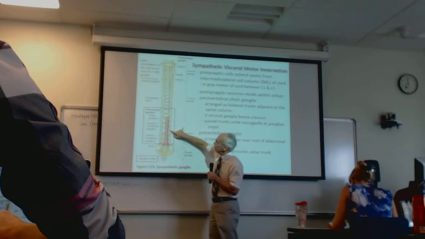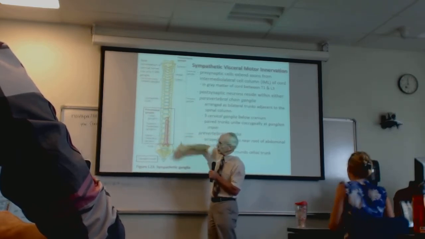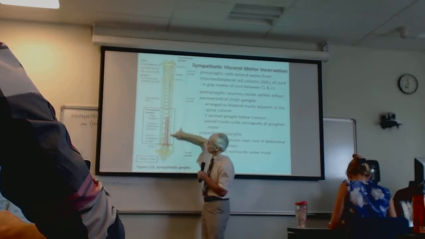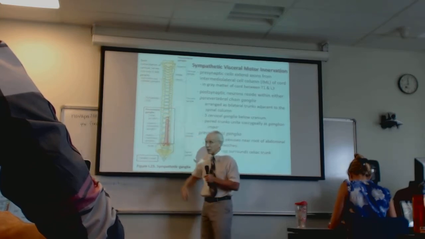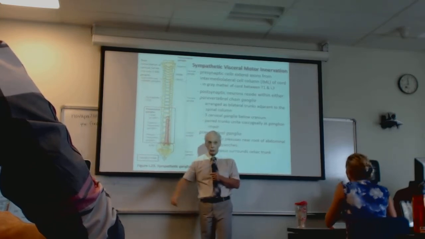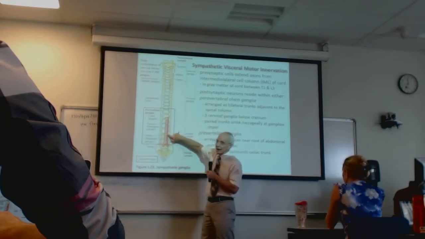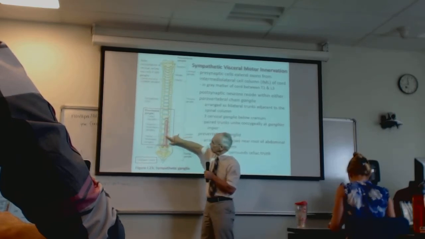What we're going to find out is that the synapses can occur in here, along those chain ganglia, also called paravertebral ganglia. In some cases, which we'll talk about in physiology, the preganglionic neuron extends its axon through this all the way to these things.